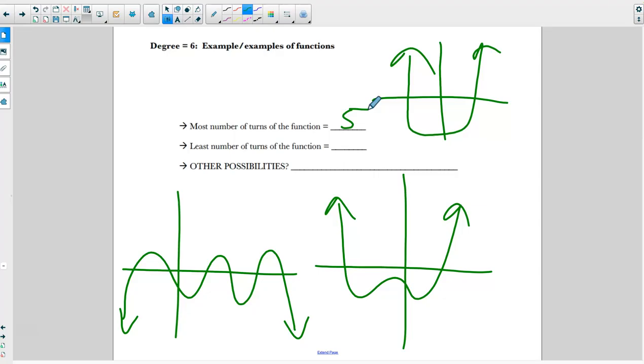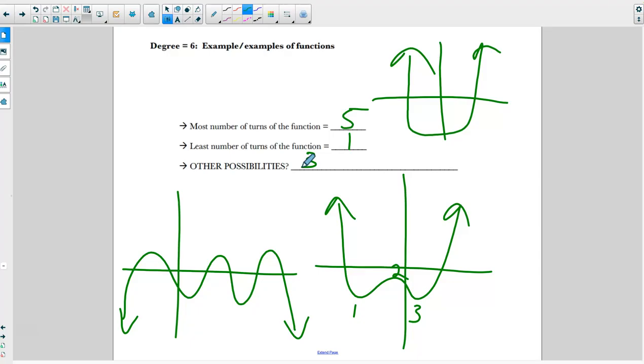Just once. Yeah, all right. So once. Could I ever get it to turn 0 times? No. If I look at other possibilities, what is this going to be? How many times does this turn? 3. 1, 2, 3. That's fine. So it turns 3 times.